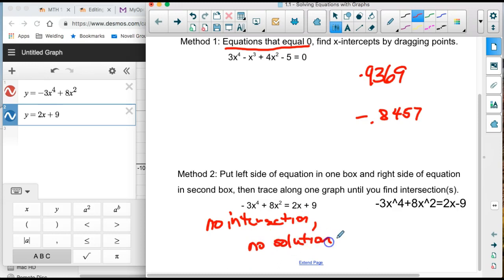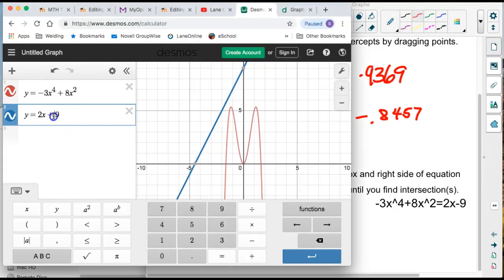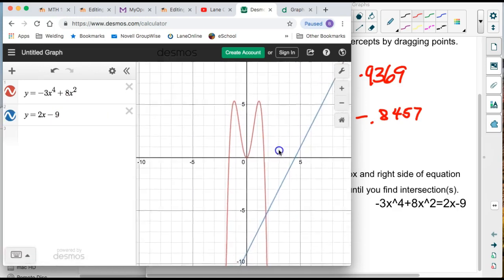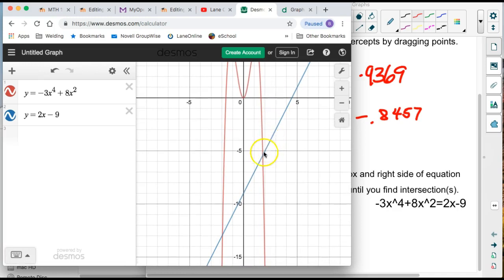Now, if we want to check the second one where it's a minus 9, all we have to do is go back and change this to a minus instead of a plus. We can see that this is going to cross down here twice. We drag down, and we can see there are two intersection points. You can drag one point until you get to the other one.